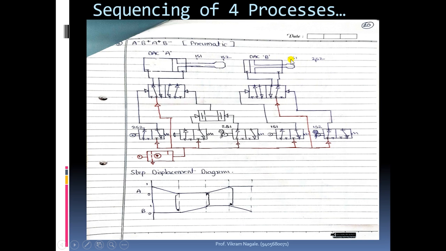So we are just taking care that the rod end will remain at the 2s1 position. So this is how we have to take care about the initial conditions for both the cylinders, and as per that condition of the cylinder we have to connect the components. That means we have to go from top to bottom. We cannot start from the bottom and go to the top.